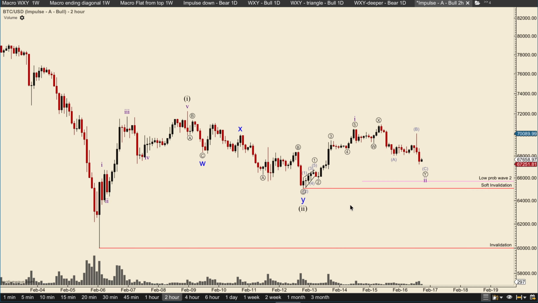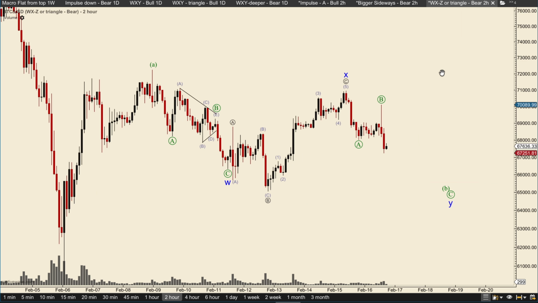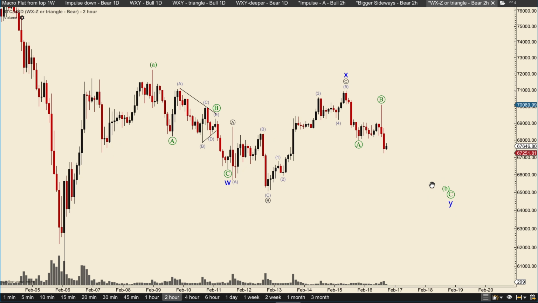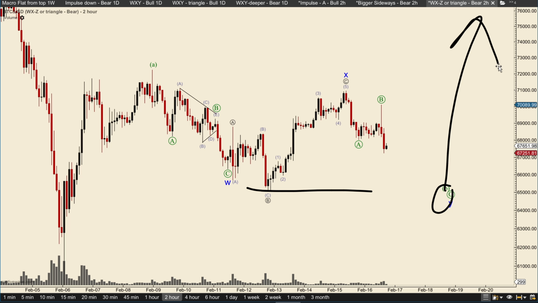So in order for this to be the highest probability, we need to not take out this. And also if we hit this, then it is a lower probability of this whole scenario. Then if we take a look at this, same as the other count, so A, W, X, Y. So this has the luxury of taking out this low, and even though we take out that, we can move up.